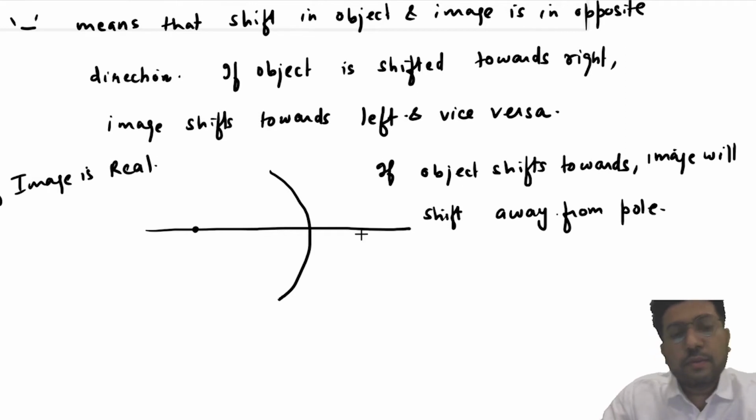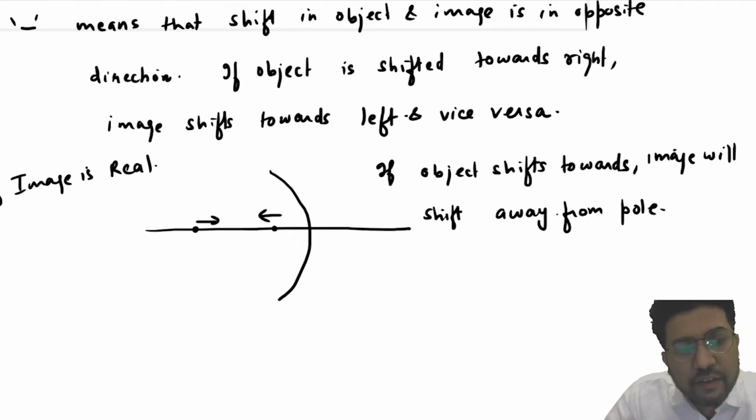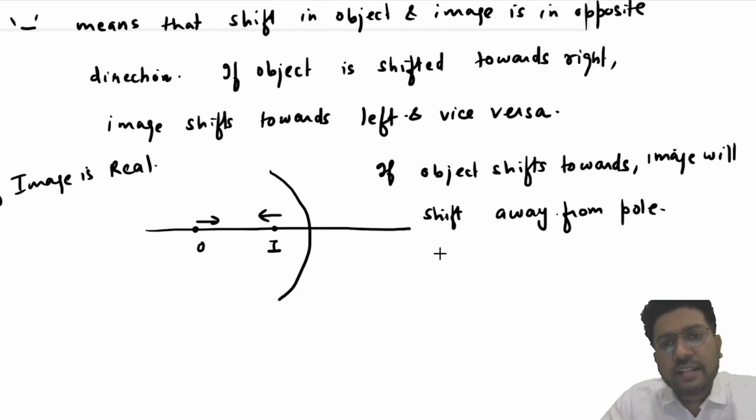Why? Because they have to move in opposite direction. So if object is shifting towards pole, the image will shift away from pole.